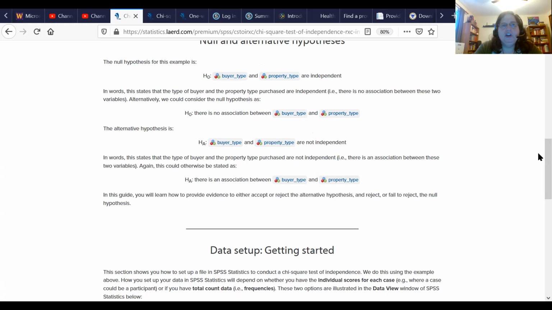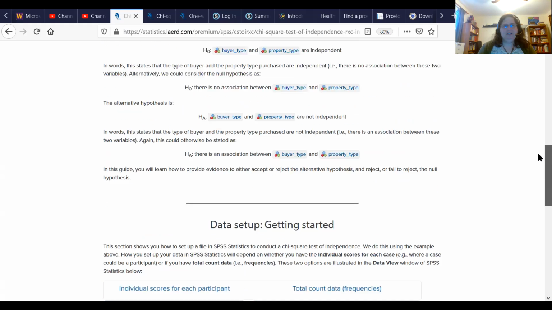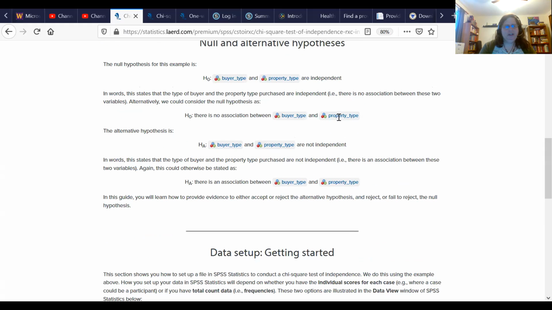And the null is that they are independent. I think that wording's a little bit confusing, actually. I just tripped over it myself. I prefer this other wording. There is an association between buyer type and property type, or there is no association between buyer type and property type. I think that's a little bit nicer. I know this is the test of independence, but I like that wording a little bit better.